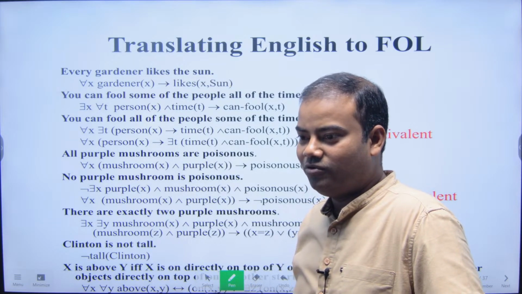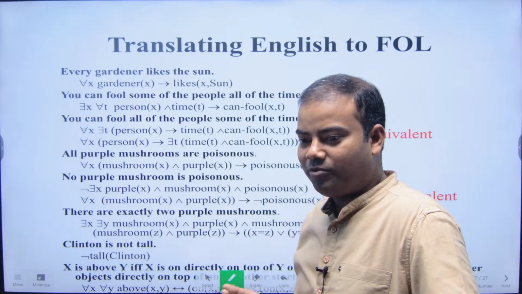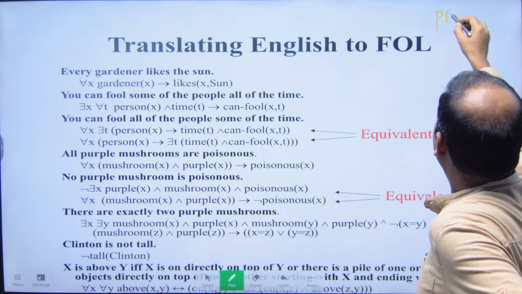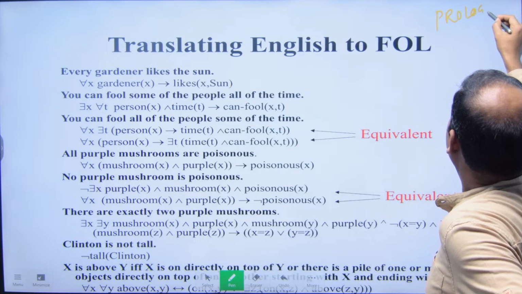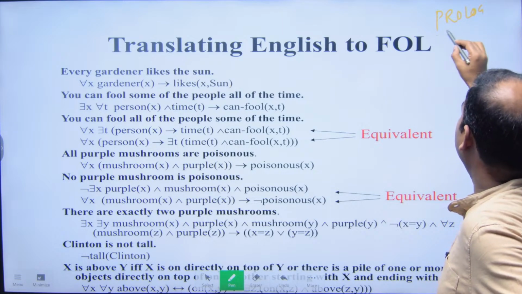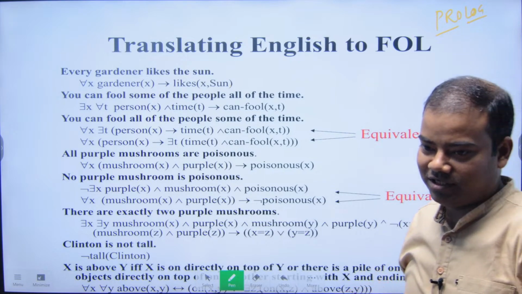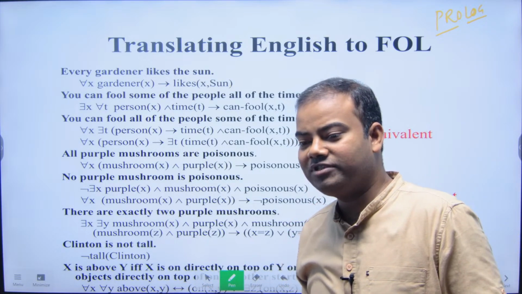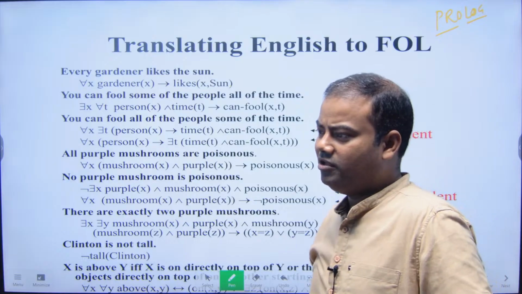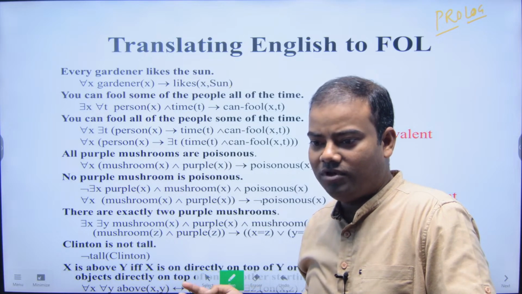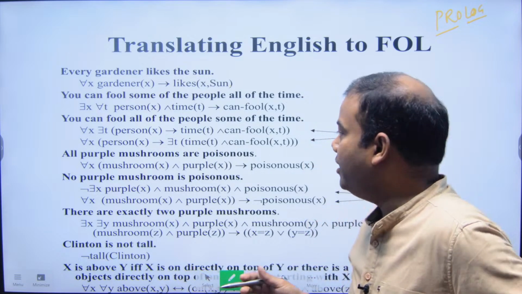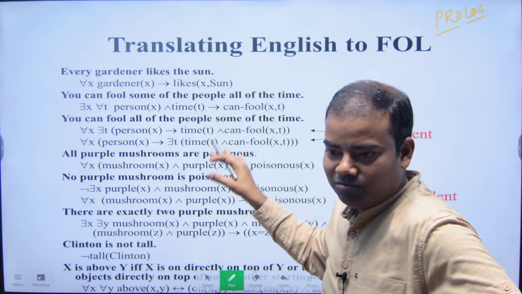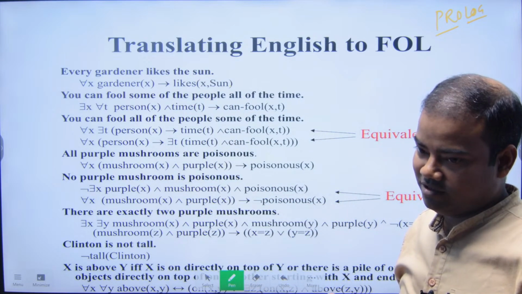Do you know Prolog? Pro means programming and log means logic. So for logical programming there is a programming language used nowadays, especially Python and Prolog. These two languages are more used in AI, and Prolog is very similar to first order logic syntax.